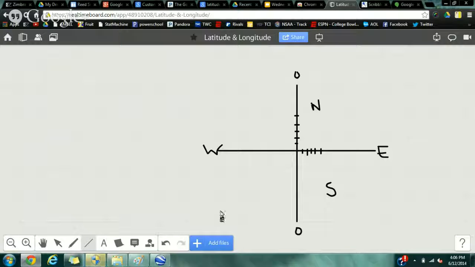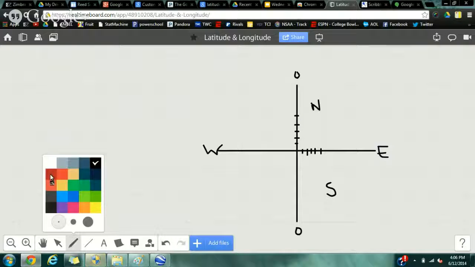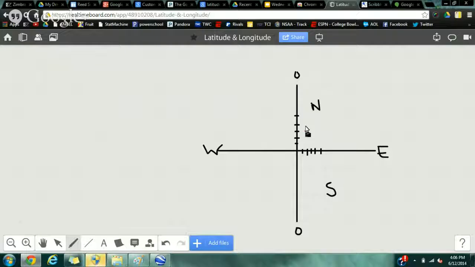So if you take a point, any point for that matter, let's make it red and say it is right here. One can determine that absolute location in a variety of ways, and it is not difficult.